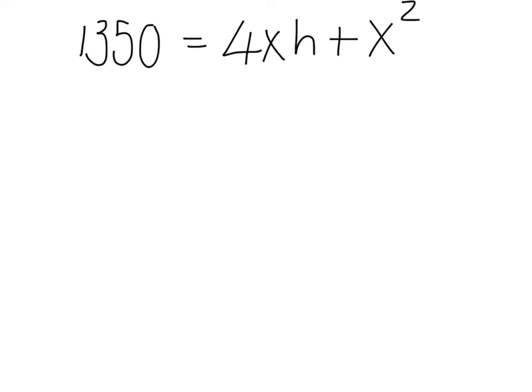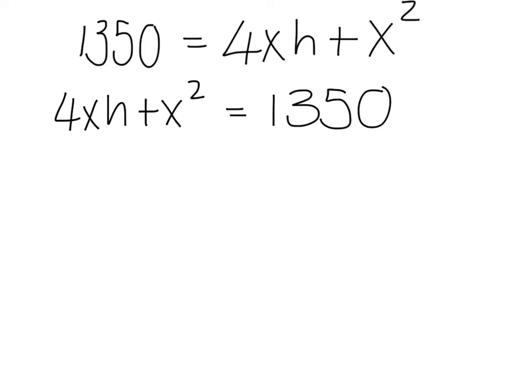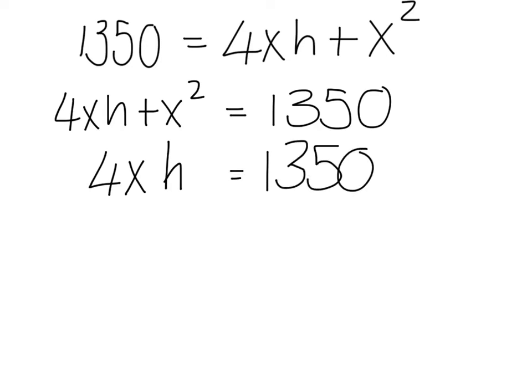So we'll make that 4xh plus x squared equals 1,350. We'll then move the plus x squared onto the other side, which gives us 4xh equals 1,350 take away x squared.